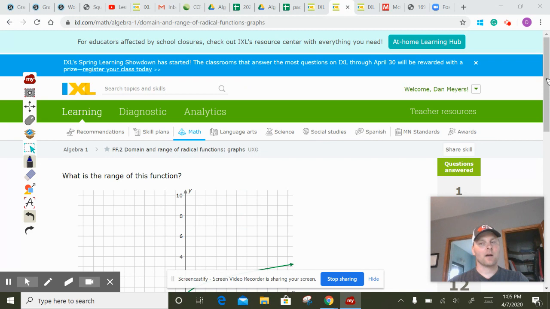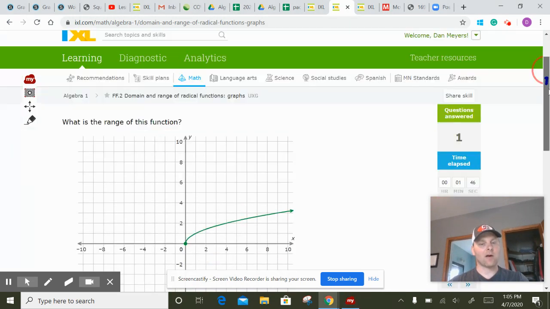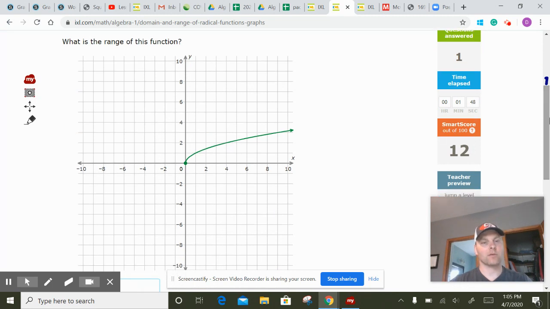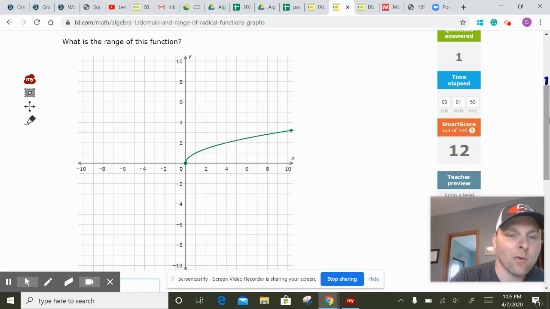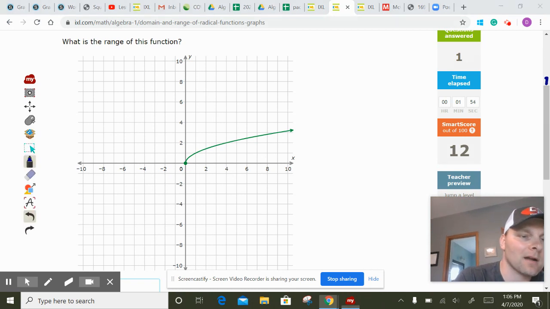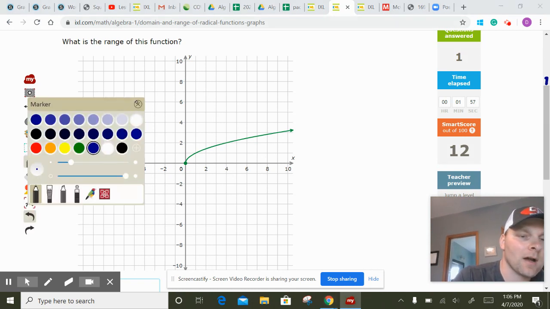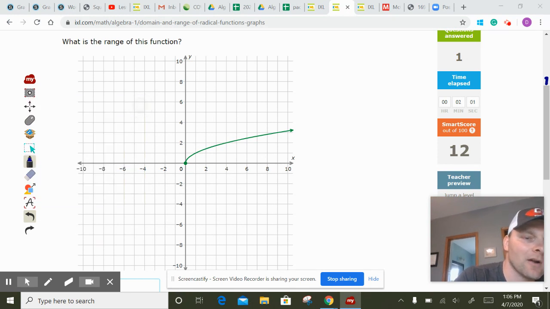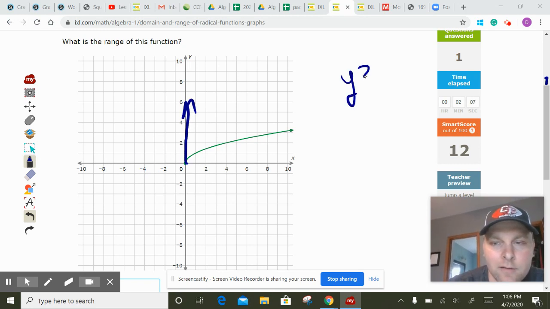Let's try a range one. Now, range is the y values. So when you do the range, now you're looking on the y-axis, not on the x-axis. What numbers are coming out of this? You can just tell by the graph that this starts at 0 and then increases, right? It starts at 0 and then goes up like that. So this is going to be y is greater than or equal to 0.